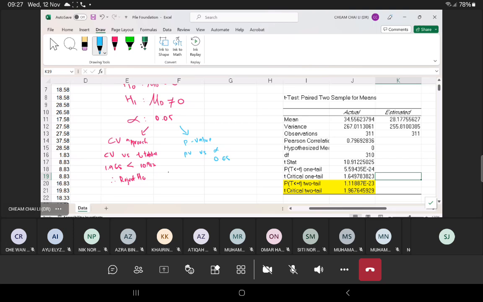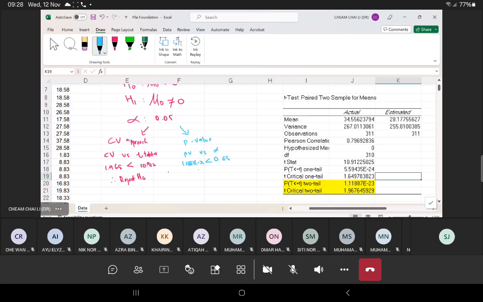So you see ni, lihat sini kan, 1.11887 E negative 23. So you can write 1.11887 times 10 to the power of negative 23, right? So p-value is very, very small.